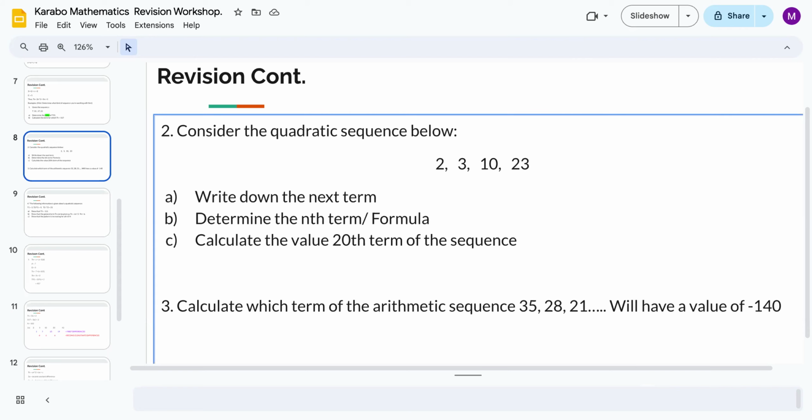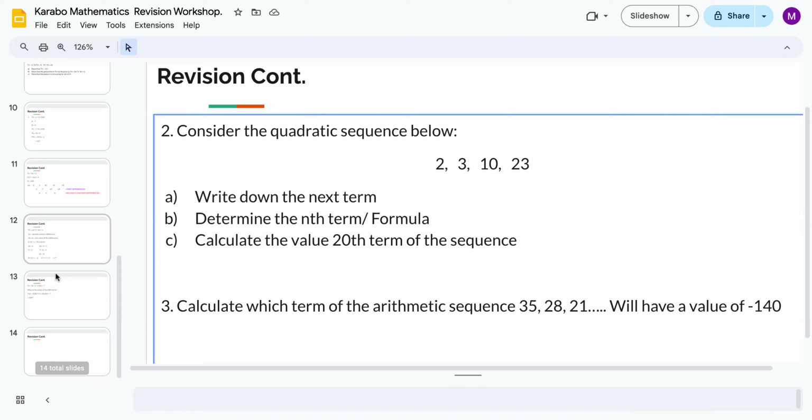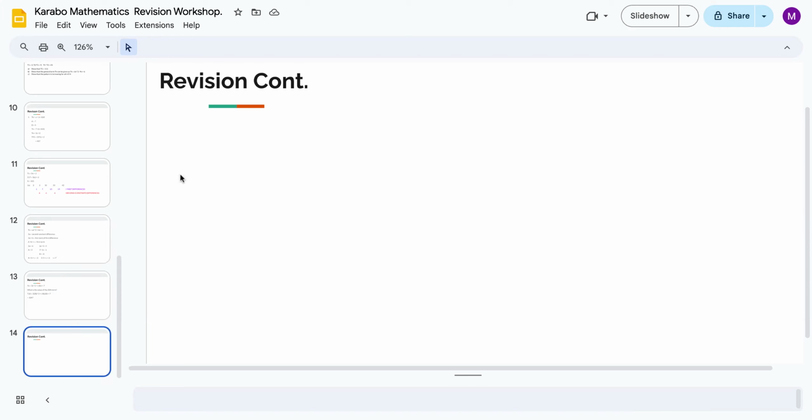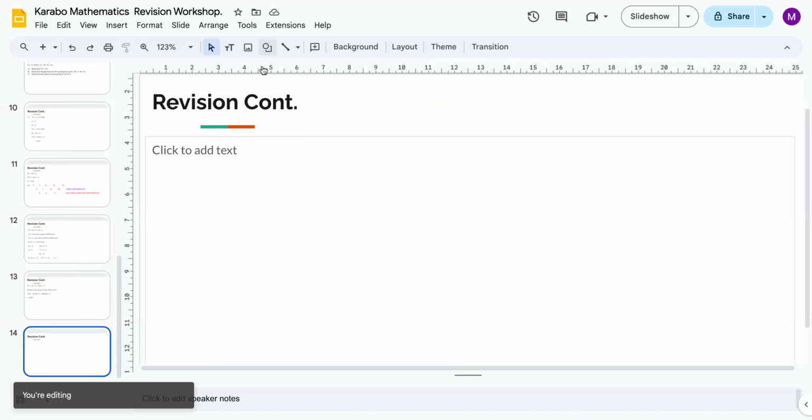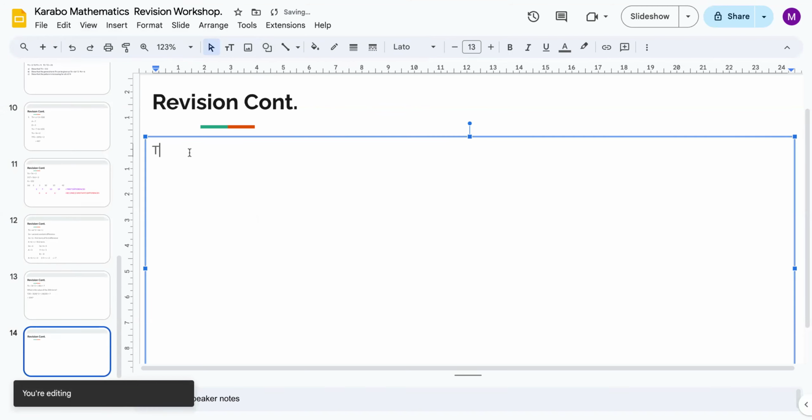Okay, let's go through the answers together, guys. So we're given this arithmetic sequence 35, 28, 21. And the first step, as always, we want to derive the nth general term. So because it's arithmetic, I know that Tn will be equal to A plus n minus 1 times D. All right.